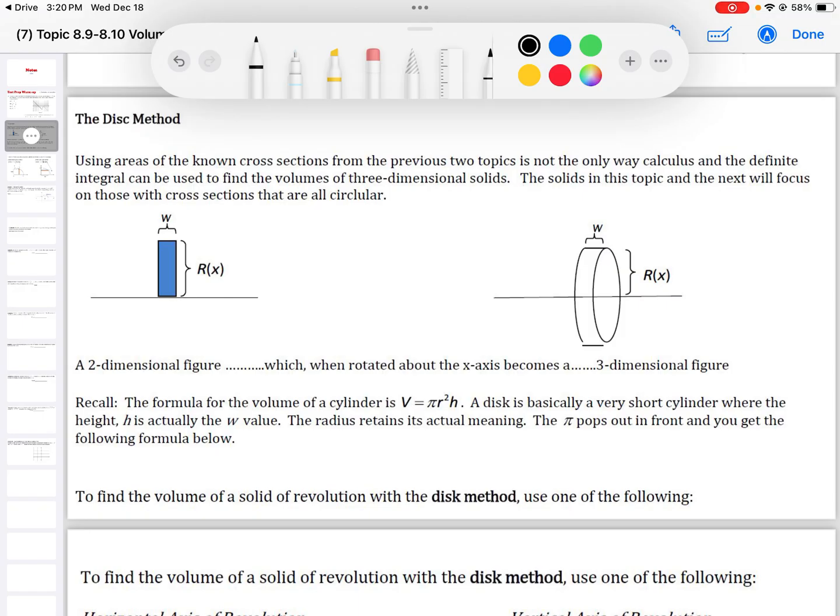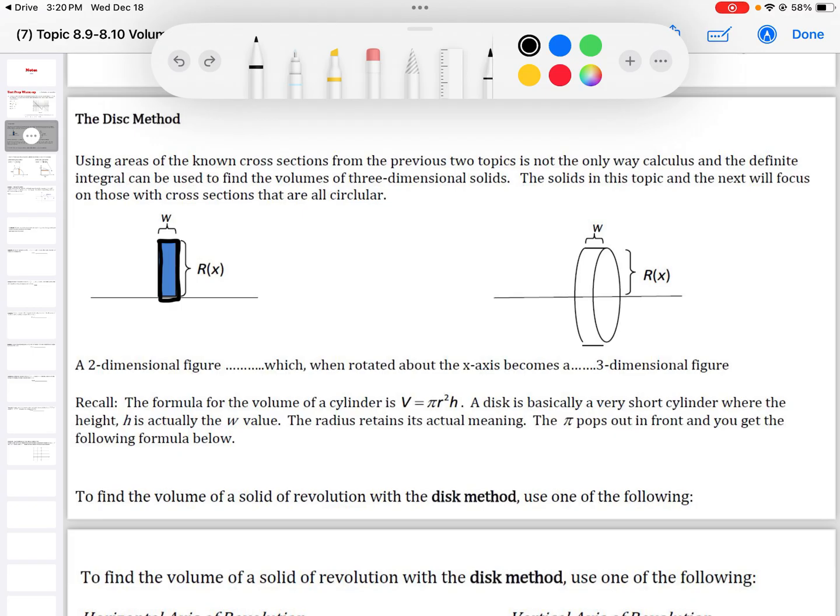So if I think about it, let's take this little rectangle here, and the R is going to be the radius. The W is going to be the width of that rectangle. And in a second, we're going to try to make this width infinitely small, basically getting really close to 0.